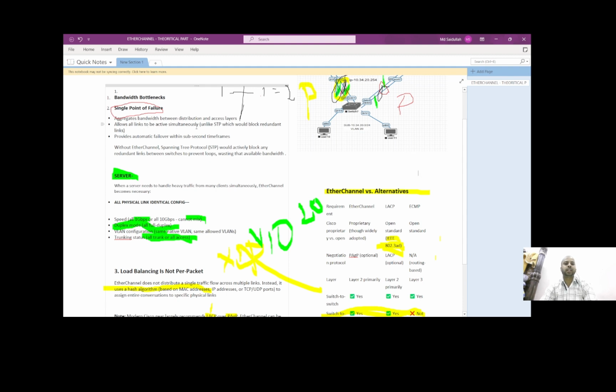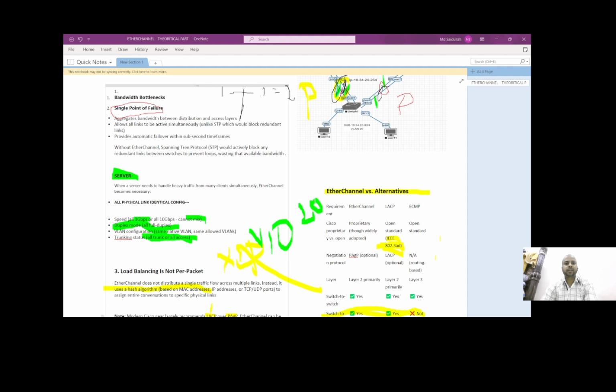It allows the links to be active simultaneously, unlike STP, which would block the redundant links. STP blocks the redundancy, whereas EtherChannel does not block the redundancy. So this is the best thing: EtherChannel does not block the redundancy, whereas STP blocks redundancy, and it is the benefit of EtherChannel.